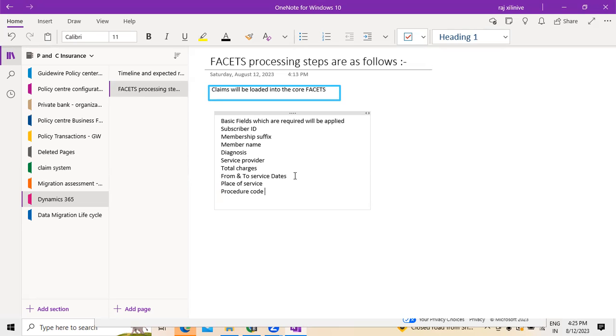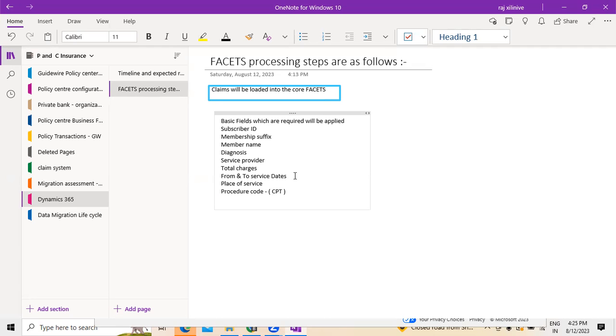So we have to mention the codes. Are we talking about CPD here? CPD is different, right? CPD code and DX code. Procedure codes means I am talking about CPT codes.